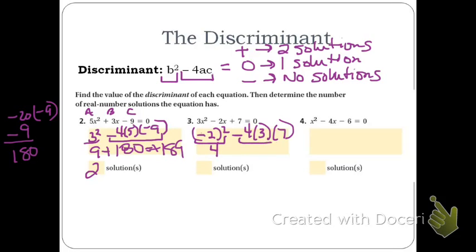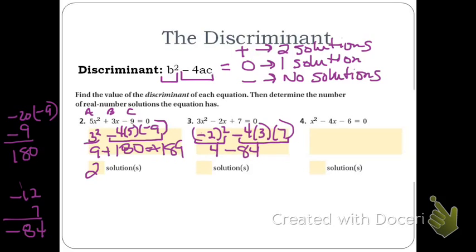Then I need to do my multiplication. So I'm going to multiply negative 4 times 3 times 7. Well, negative 4 times 3 is negative 12 times positive 7. A negative times a positive equals a negative. 14, carry my 1, 7, 84. So negative 84.